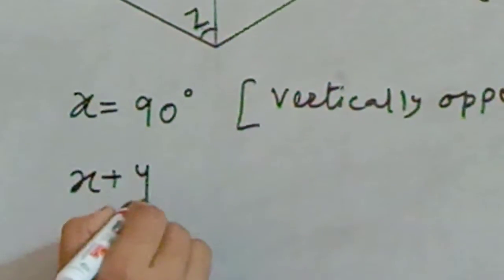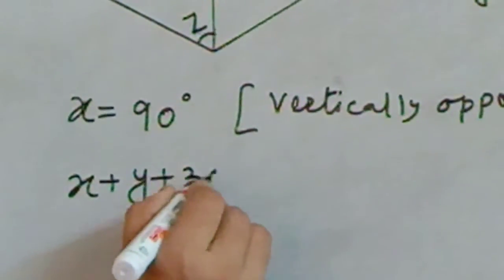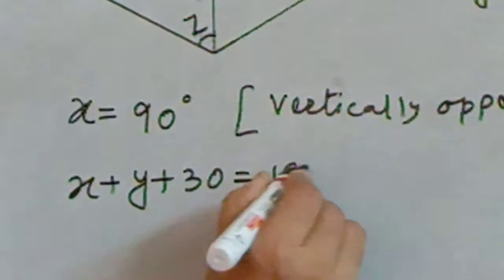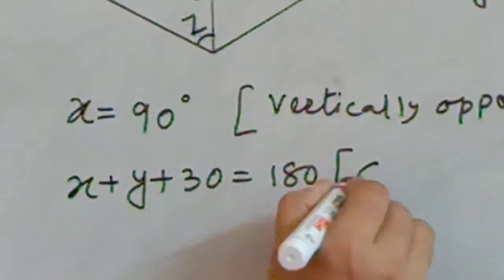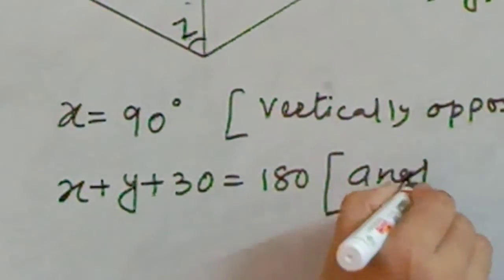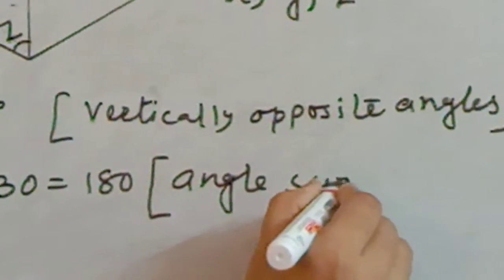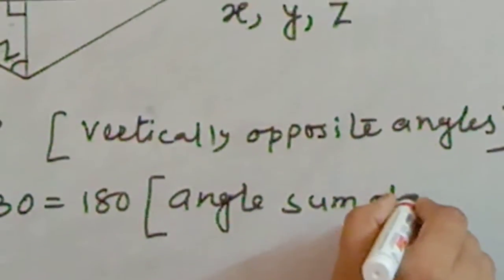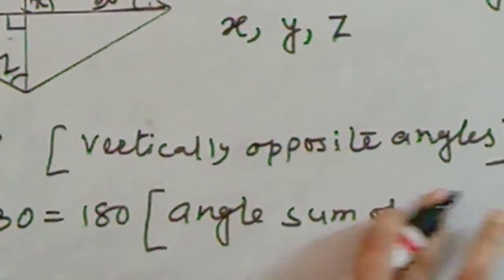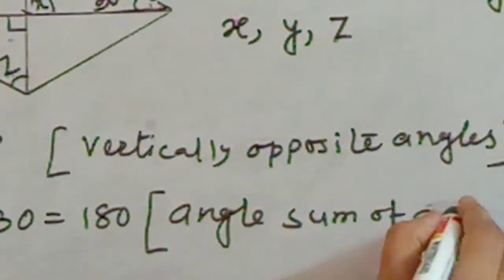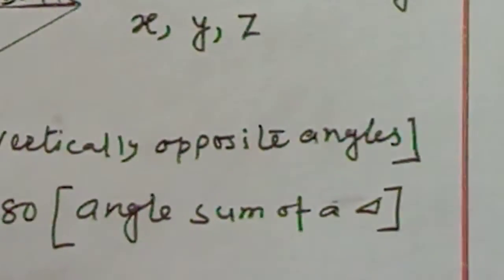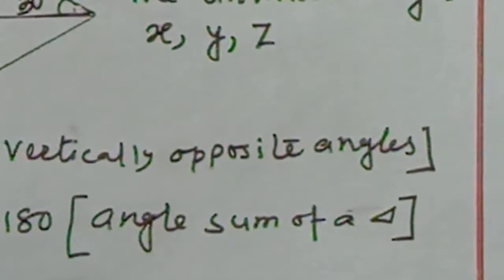So x plus y plus 30 is equal to 180 degrees. Reason: angle sum property of a triangle.